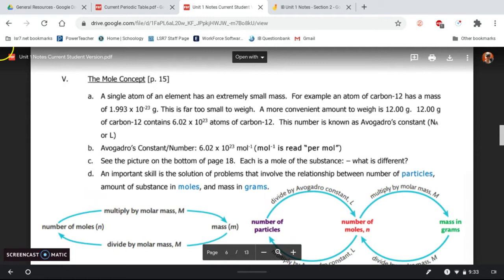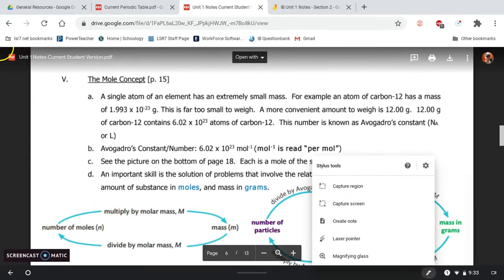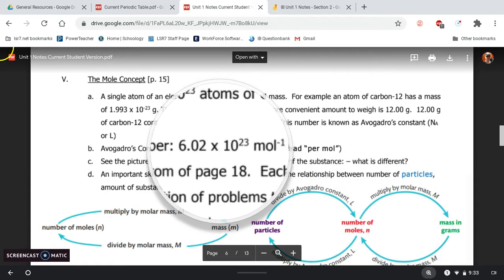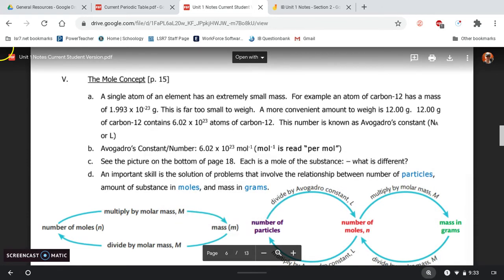So ions, atoms, molecules, formula units, they all use the same thing. This 6.02 times 10 to the 23rd can give you ions, atoms, molecules, formula units. It covers multiple things.